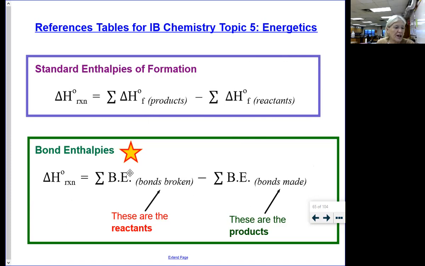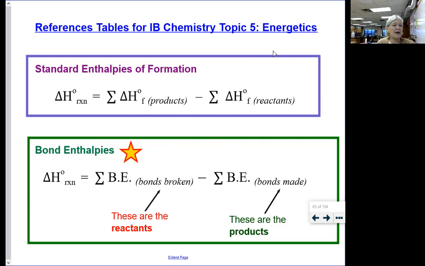This equation is saying that the bond enthalpies of those bonds that are broken are written down, and you subtract the bond enthalpies of those bonds that are made. Now, it's very important that you know which bonds are broken and which bonds are made.